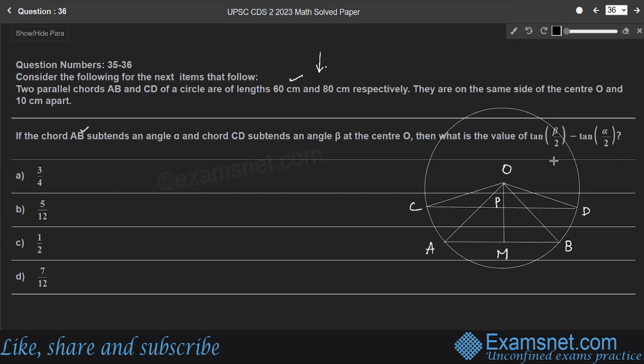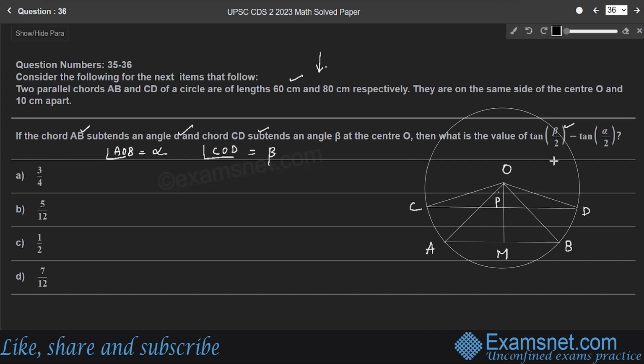Here chord AB subtends an angle alpha at the center, so angle AOB is alpha, and chord CD subtends an angle beta at the center, so angle COD is beta. So we need to find tan beta by 2 and tan alpha by 2. For that, we have to consider beta by 2.